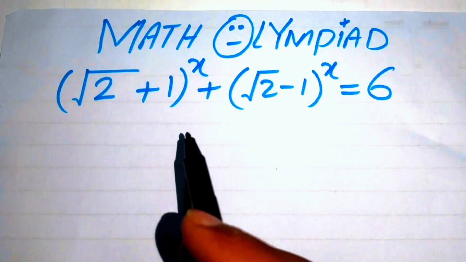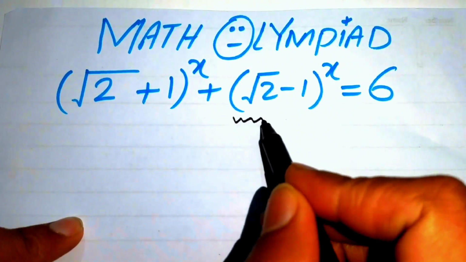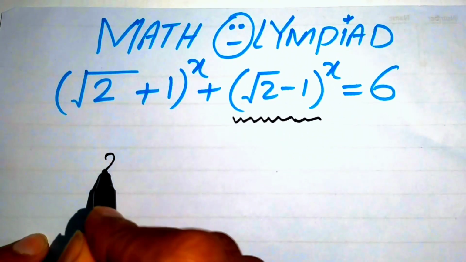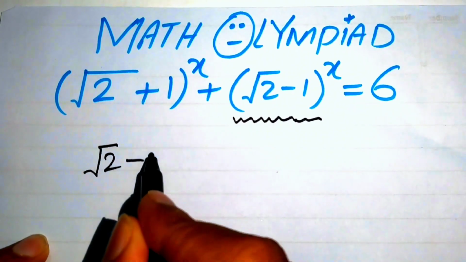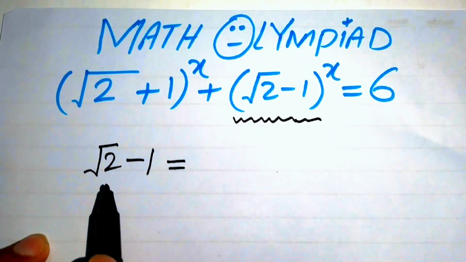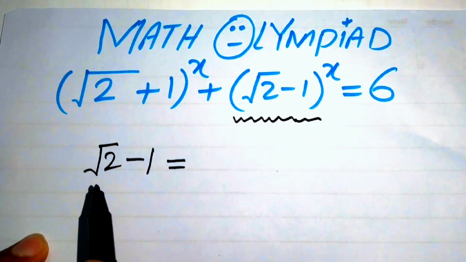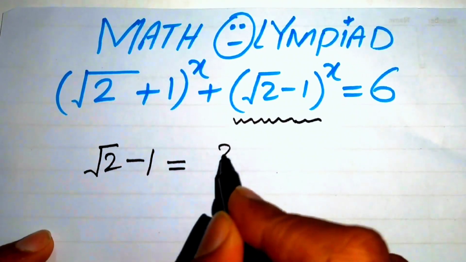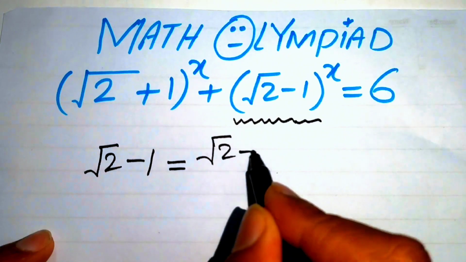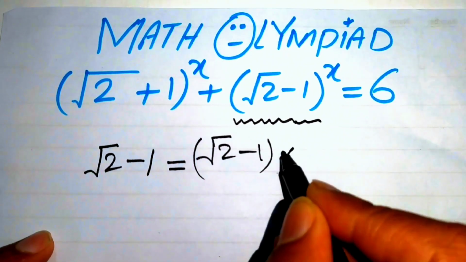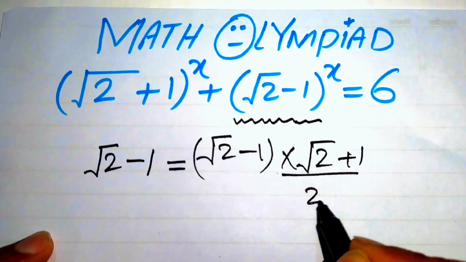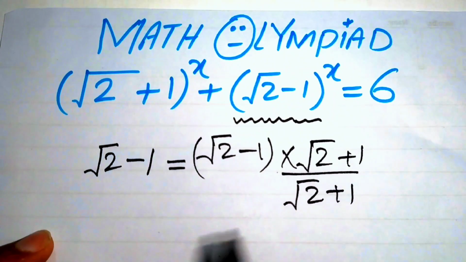So the very first thing we are going to do is focus on this term, and here we write this term as square root of 2 minus 1. And when we rationalize this, we get square root of 2 minus 1 multiplied by square root of 2 plus 1 over square root of 2 plus 1.